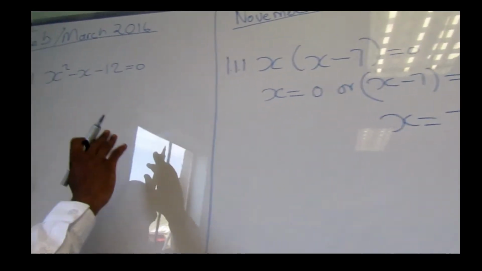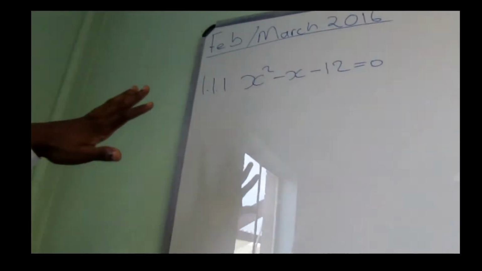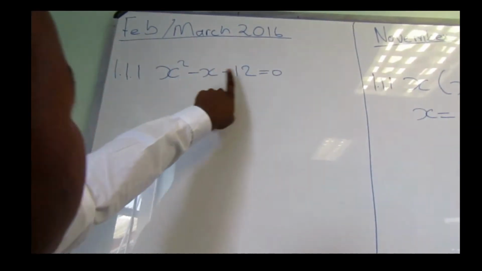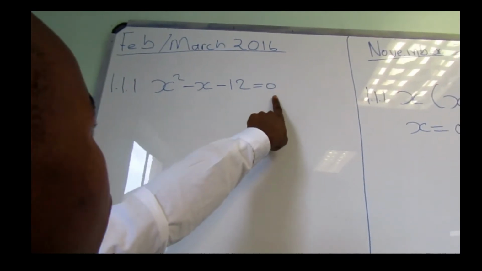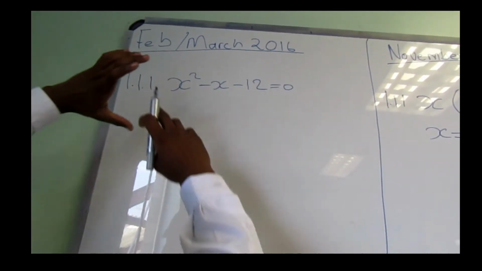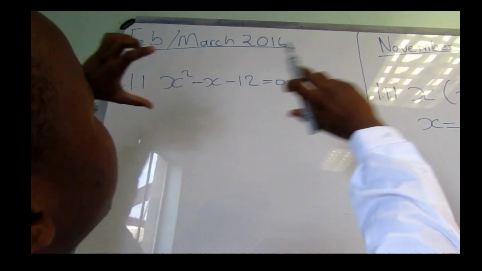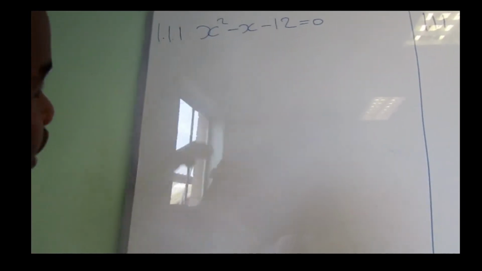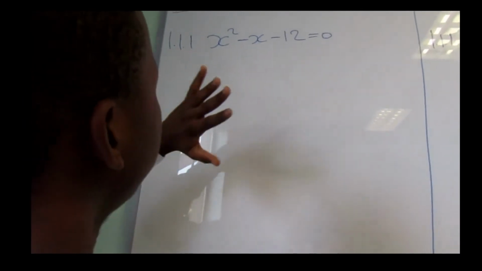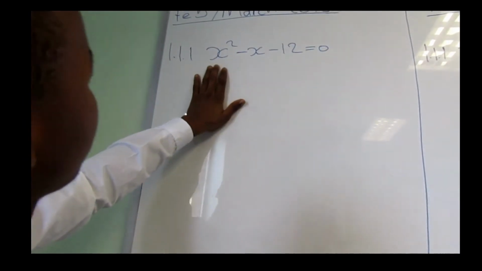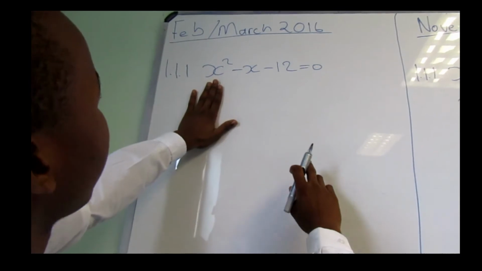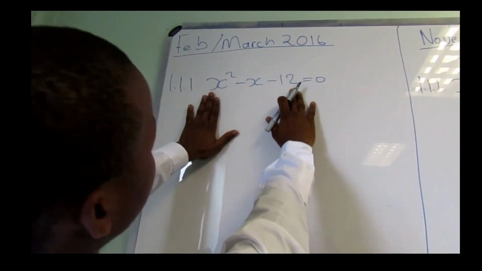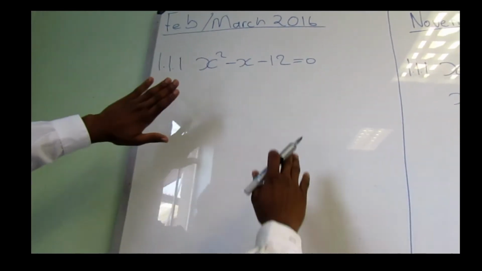Then for the supplement of 2016, it says x squared minus x minus 12 is equal to 0. Here is a quadratic equation that has not been factorized. The only thing we need to do here is to factorize it, then we get the x values. How are we going to factorize it? Here in this x squared, we only look at x squared and 12, which are A and C when it comes to the general formula.